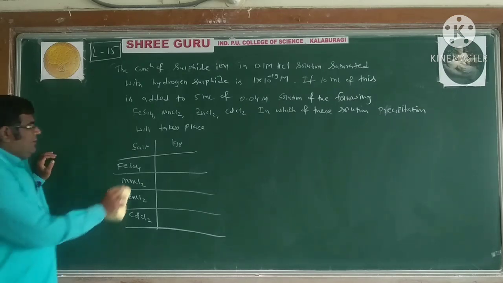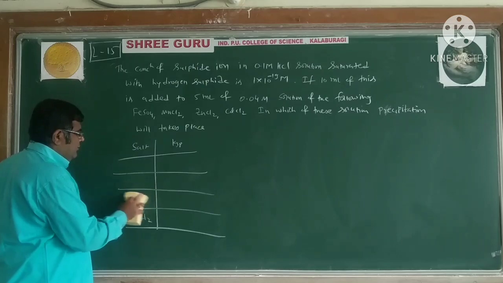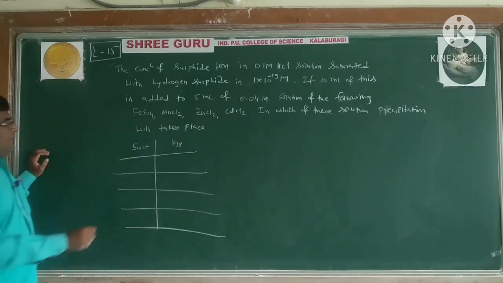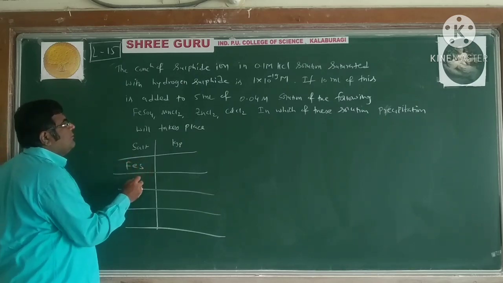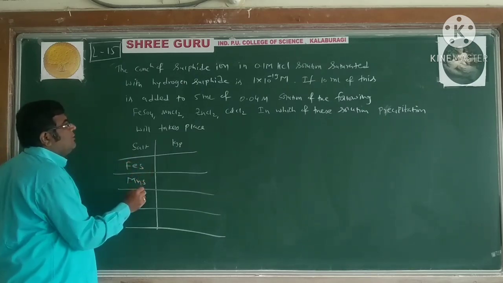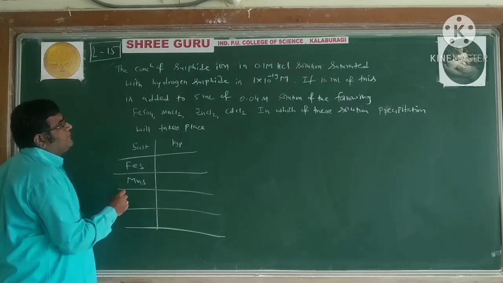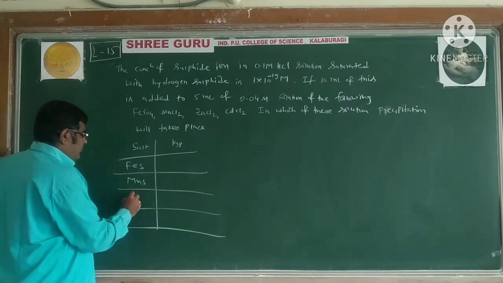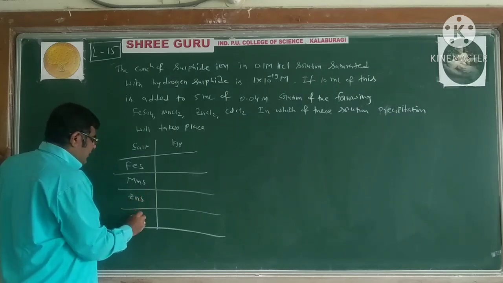Now, they have given the sulfides, FeS, because they form sulfide and then hydrogen chloride, zinc sulfide and cadmium sulfide.